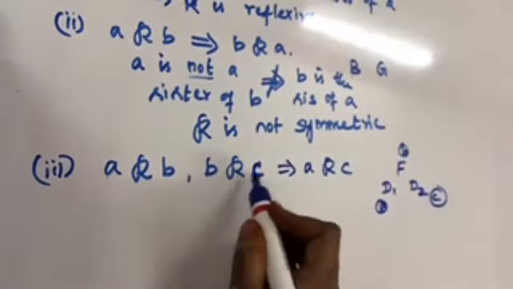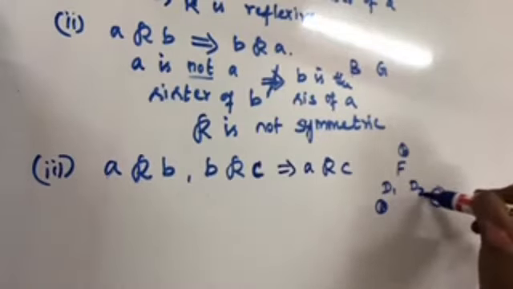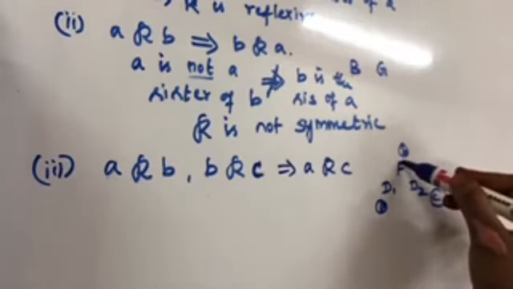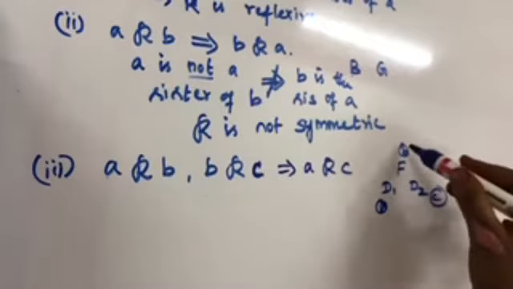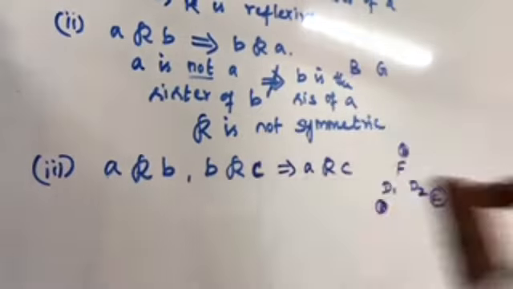And B is related to C. Similarly, the father is not the sister of the daughter. So, in these two cases, our condition is satisfied.